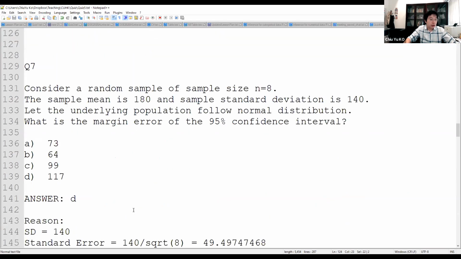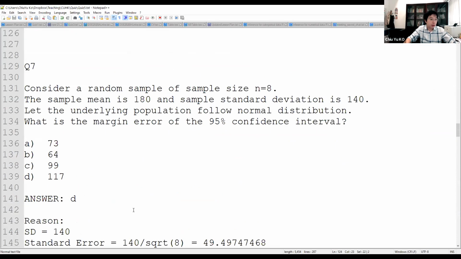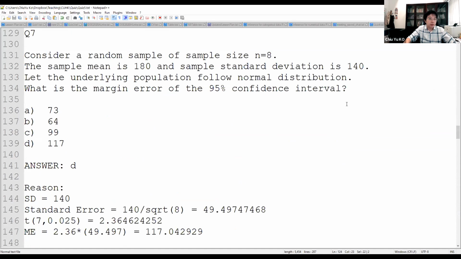And question 7, is that okay for question 6? Question 7 will be asking a similar question, but we don't know the sigma.